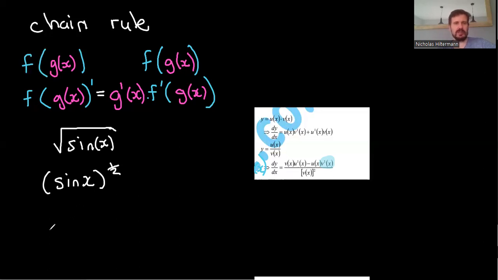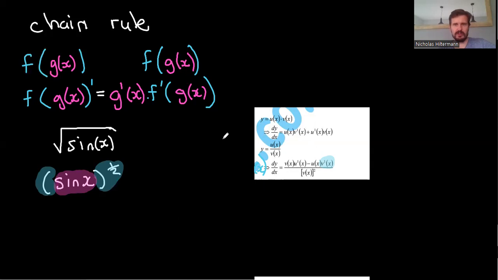Now, how does this resemble the chain rule that we're looking at? Well, the chain rule shows a light blue with a pink inside. So I'm going to highlight what would be considered the light blue, which is this, and the pink would be this here.